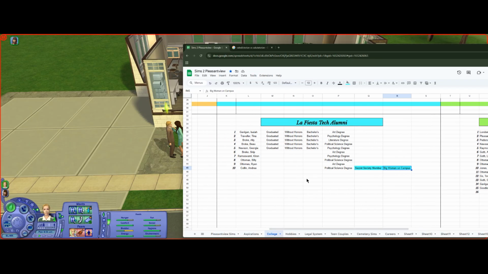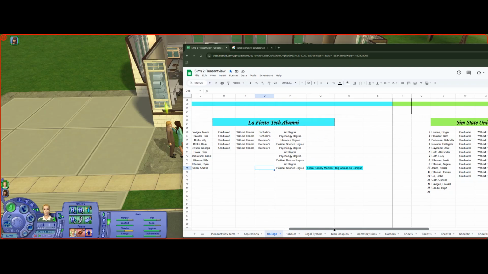So I wanted to add those little tidbits in there so that I could see exactly what my Sims have been up to. So, yeah, Andrea was a secret society member and she was a big woman on campus. So she actually lived it up in college, let me tell you. And I am seeing this very loosely, but she really is living it up in college with Billy and Ryan.